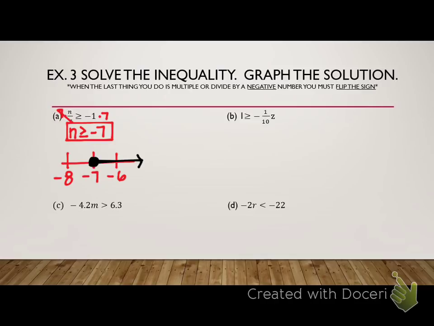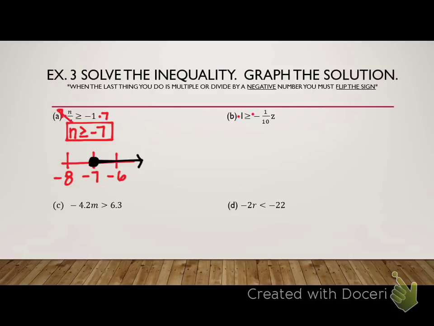Now let's look at letter B. We have 1 is greater than or equal to -1/10 z. So here we are, we're trying to isolate z, and we're trying to move a fraction. Now this is a multiplication problem. So when I'm doing a multiplication problem and the number that I need to move is a fraction, I'm going to take a shortcut. I'm going to multiply both sides by the reciprocal.